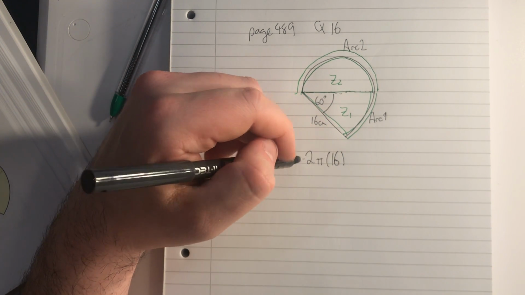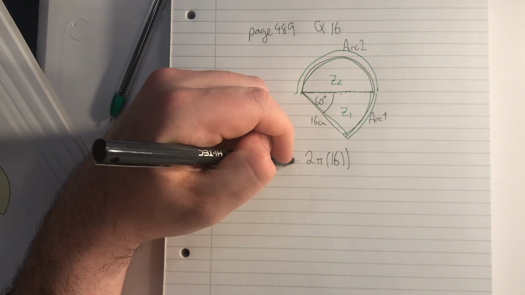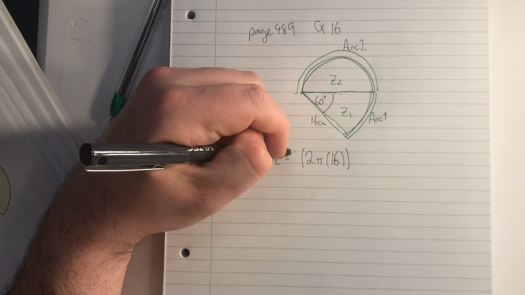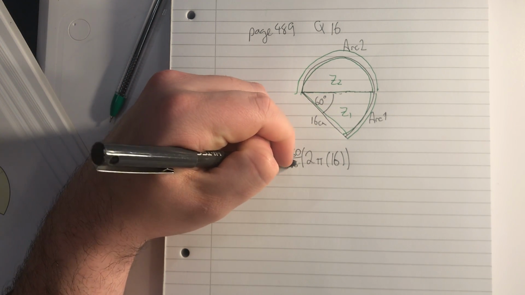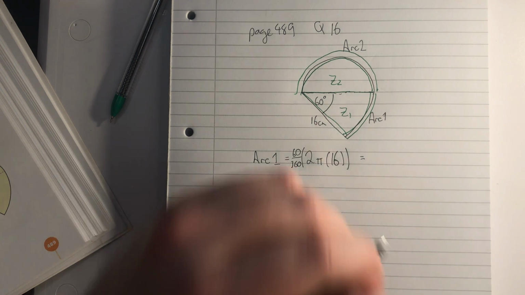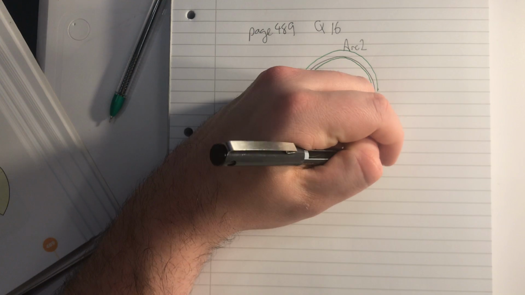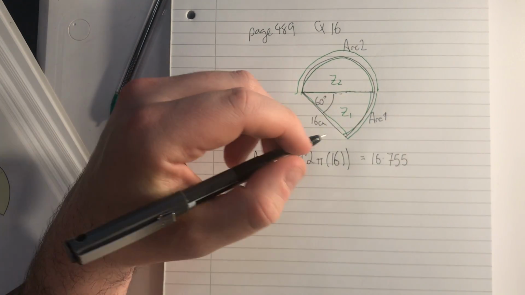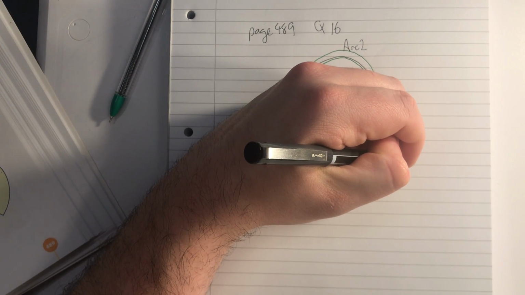That's for the full circle, but we don't want the full circle. We want to multiply that by the fraction of the full circle that we have, which is 60 over 360. So it is 60 over 360 multiplied by 2 multiplied by pi multiplied by 16, which is equal to 16.755 centimeters.